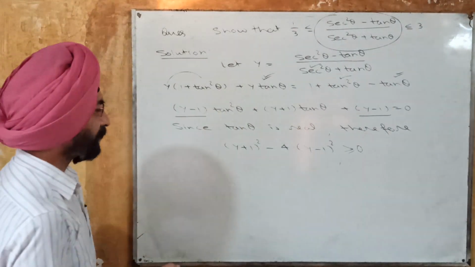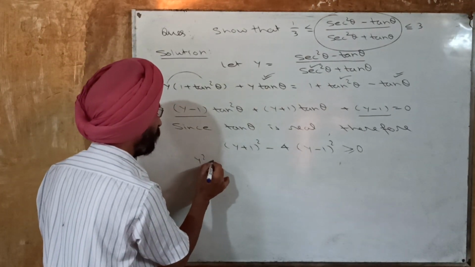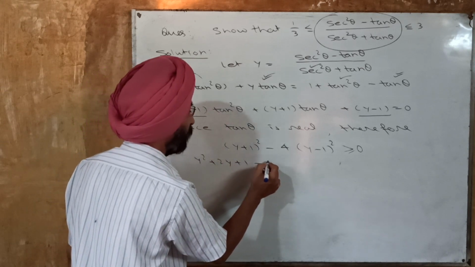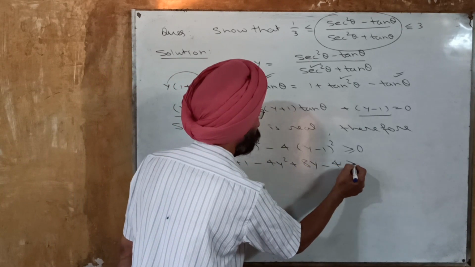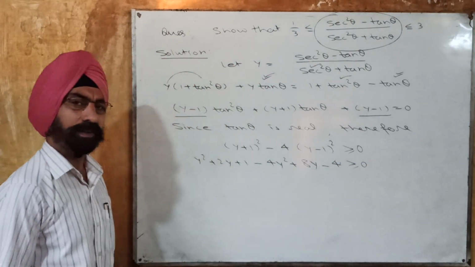Now simplify it. Simplifying means y square plus 2y plus 1 minus 4y square plus 8y minus 4 should be greater than or equal to 0.